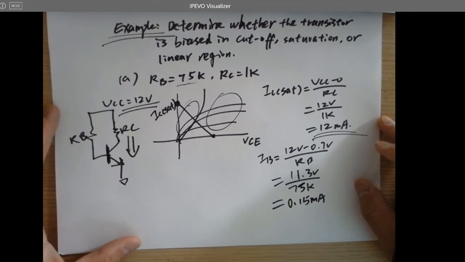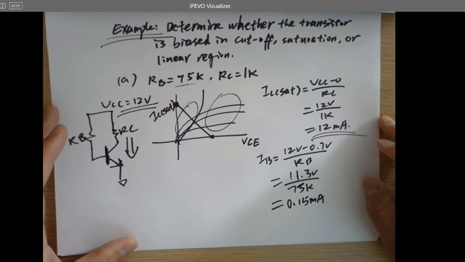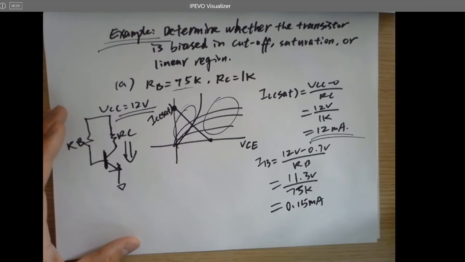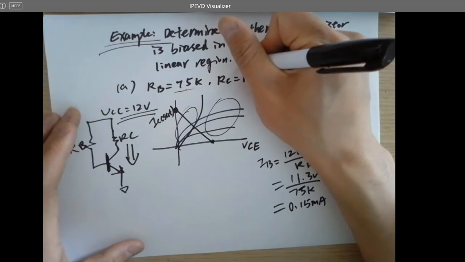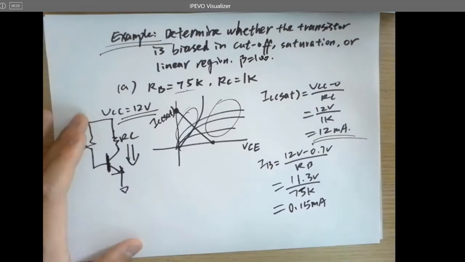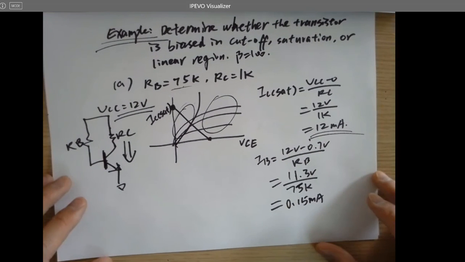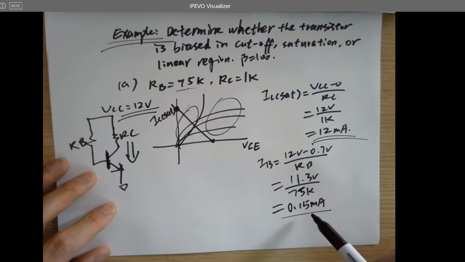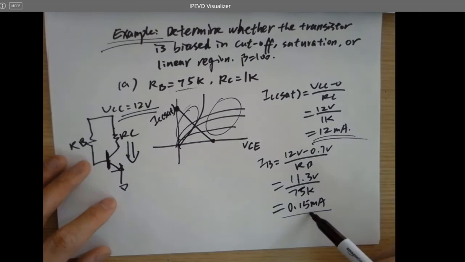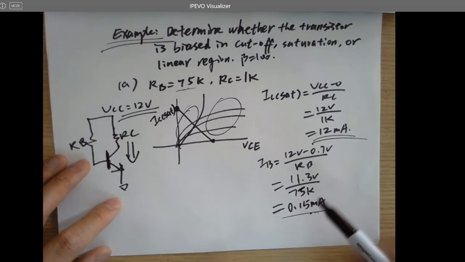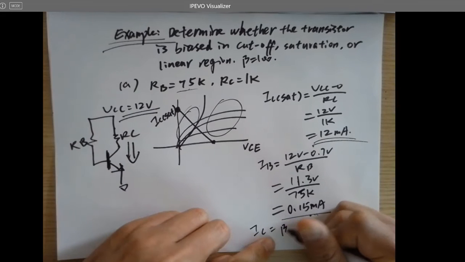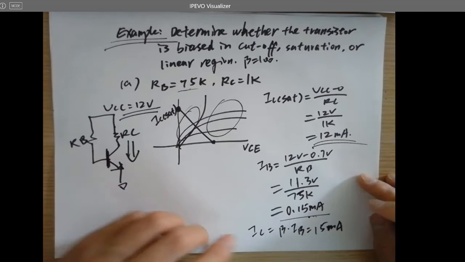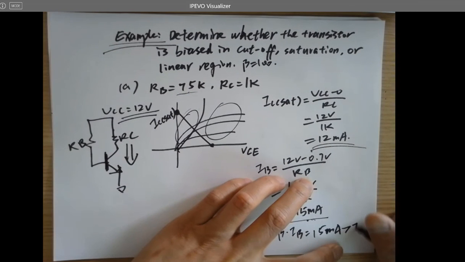Can you draw a conclusion now? Wait, that's IB. As IB, this is too large, because this guy times 100. So IC will be beta times IB, which will be 15 milliamps, which is larger than IC set.